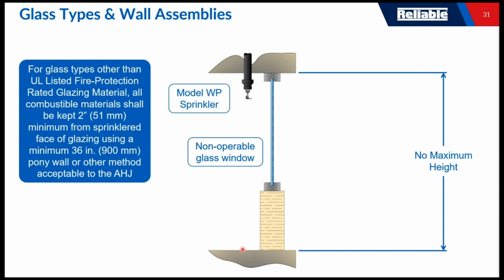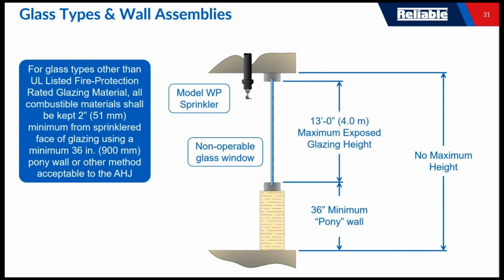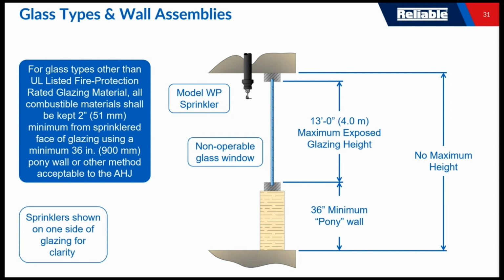So to get around that, we would have a recommendation: install a 36-inch minimum pony wall, and that would allow that more durable construction material to absorb the heat from a small fire and set the sprinkler off without superheating the glazing material. In all instances, there's no distance that matters from the floor to the ceiling when it comes to the height. Our biggest concern becomes the glaze panel itself.